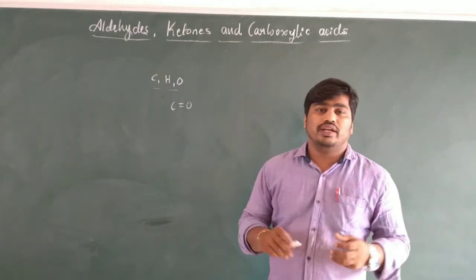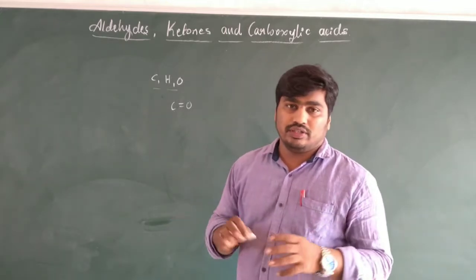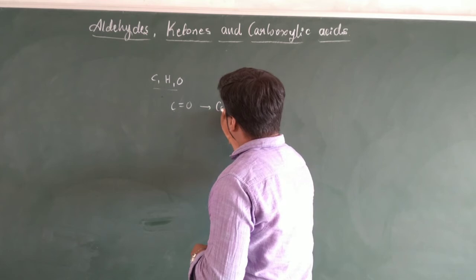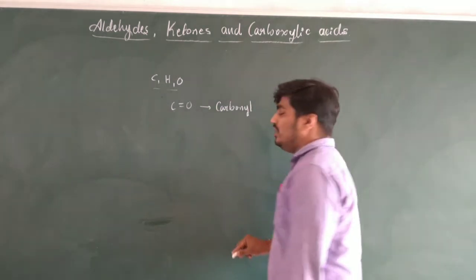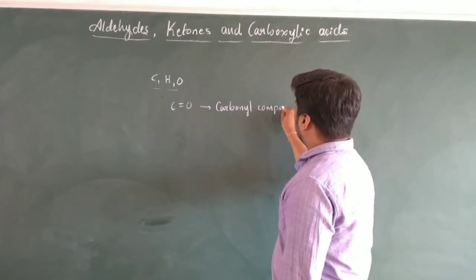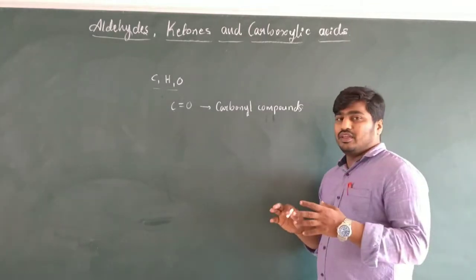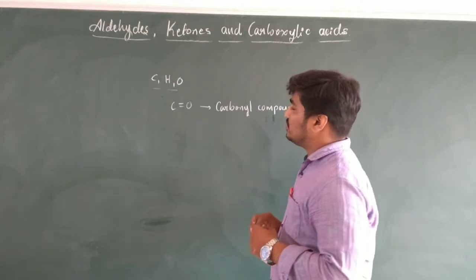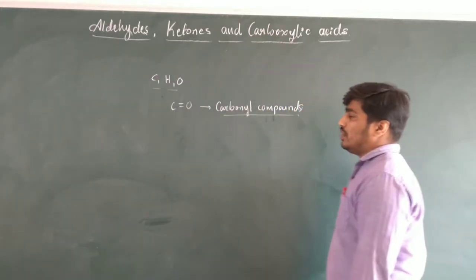Generally, if a compound contains a carbon-oxygen double bond, then that compound is known as a carbonyl compound. Therefore, aldehydes, ketones and carboxylic acids combined are called carbonyl compounds.